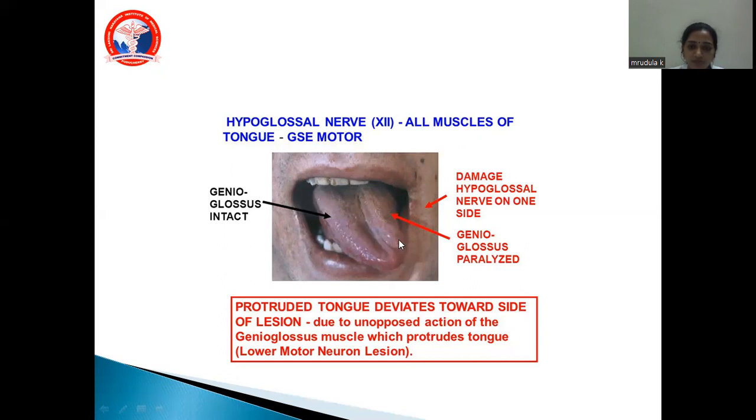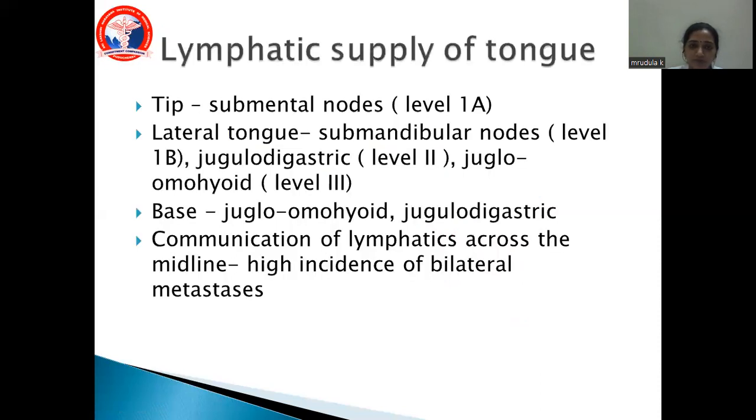Since the genioglossus on the opposite side is lost, because of the action of the normal nerve, the tip of the tongue is deviated towards the side of the lesion. So the genioglossus on the side of the lesion is paralyzed because of damage to the hypoglossal nerve, due to involvement by the growing tumor.